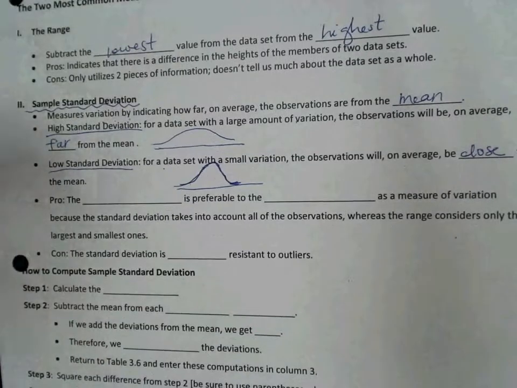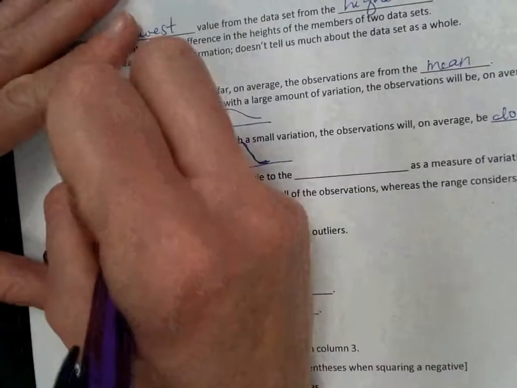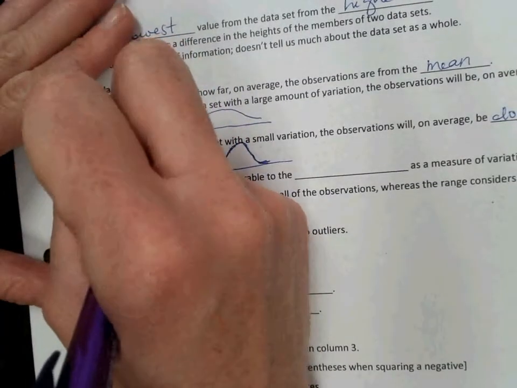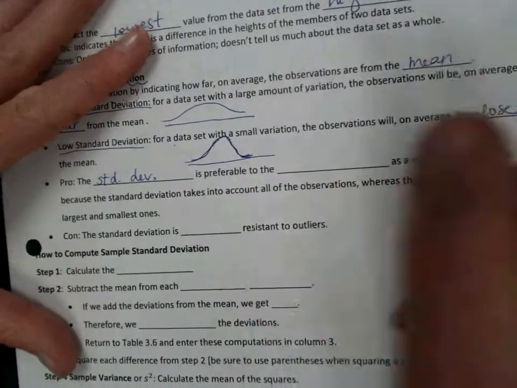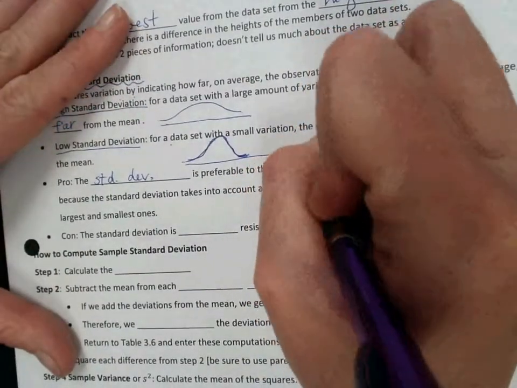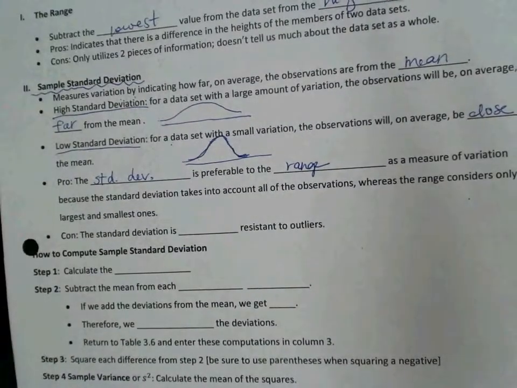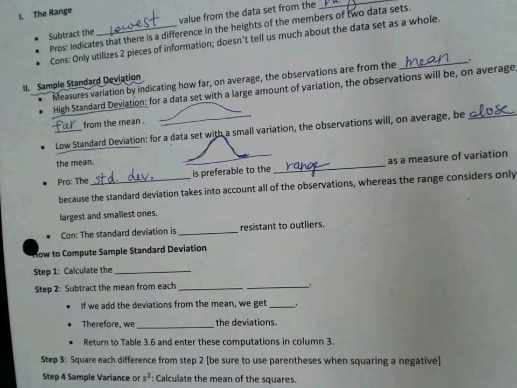The pro here, the standard deviation, I'm going to abbreviate that standard deviation, is preferable to the range as a measure of variation because the standard deviation takes into account all of the observations, whereas the range considers only the largest and smallest ones.